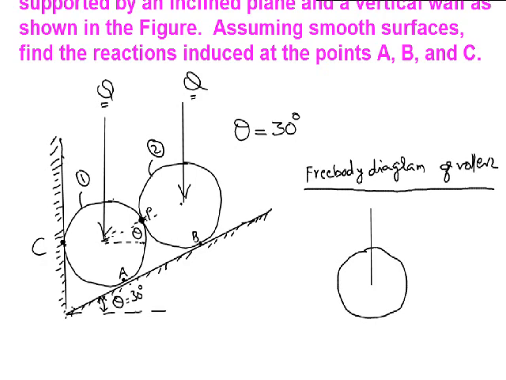This is force Q, the weight of the roller, and then this roller 2 is touching the inclined plane at point B, so you'll have a force as shown here, which we call RB.